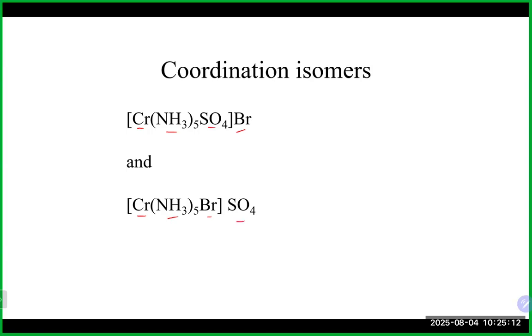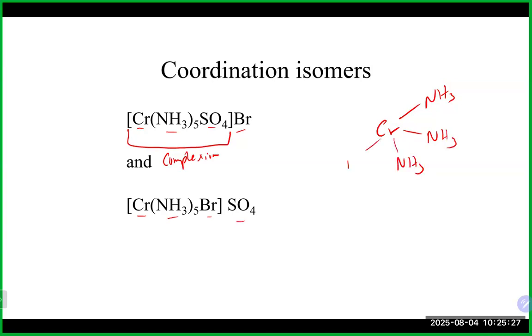Here, though, on the first one, this is our complex ion. We have our chromium, and it's attached to 5 of these ammonias, and also attached to a sulfate.